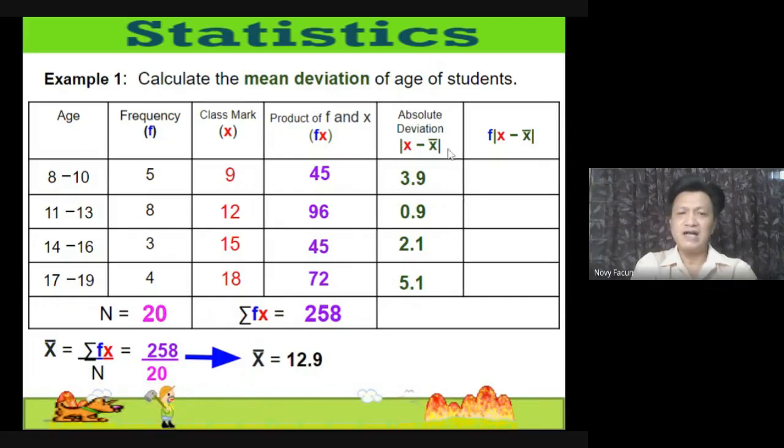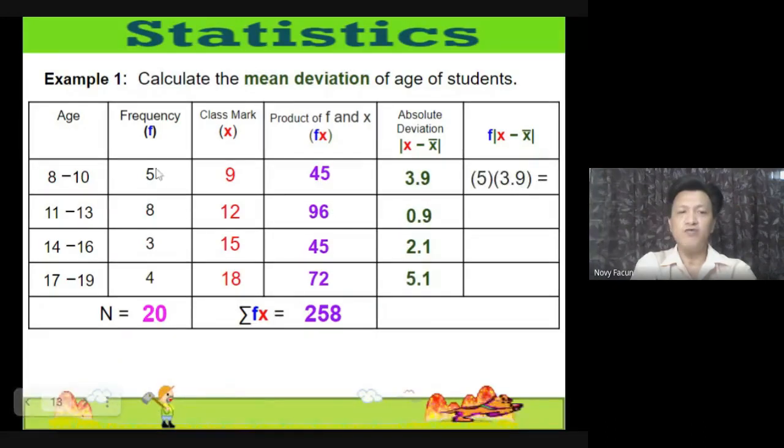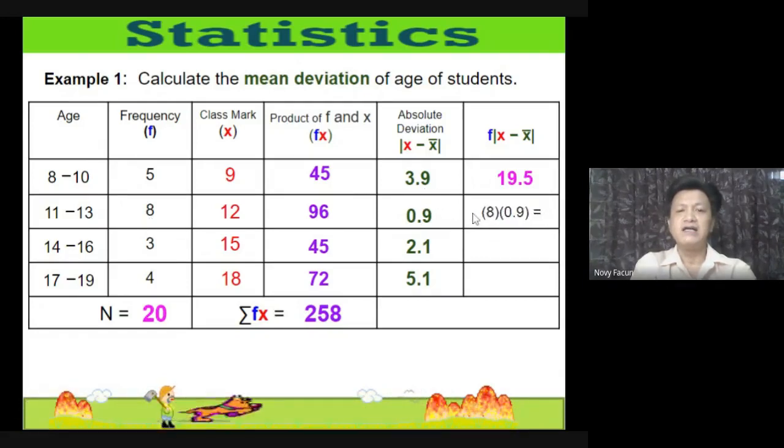Kapag na-complete na natin yung absolute deviation, makukuha na natin yung product of the frequency and the absolute deviation. Okay, how are we going to do that? Multiply lang natin. So meaning to say, we have to multiply yung 5 times 3.9. Kaya nga, that is the product, 19.5. And then, dito naman, next natin, 8 times 0.9, that is equal to 7.2.